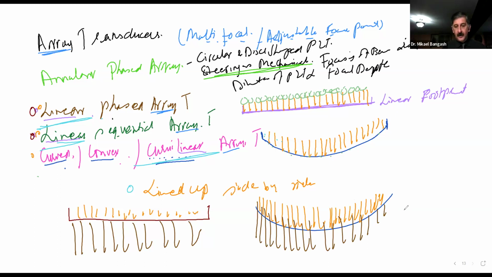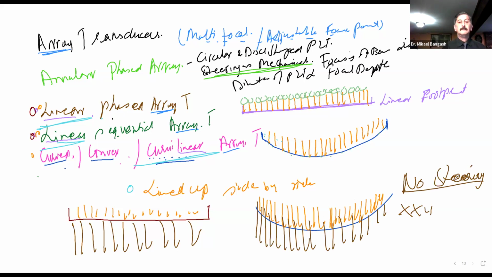If that was the case, then it would mean there had been no steering of the beam.